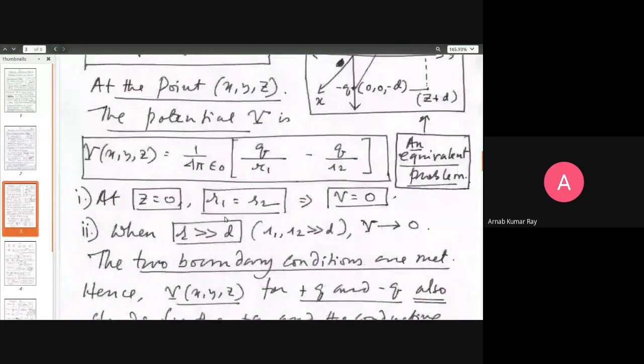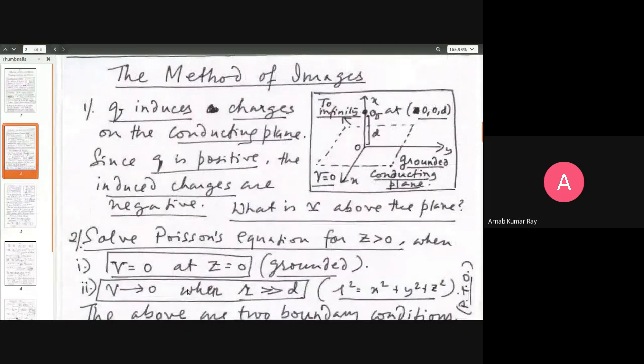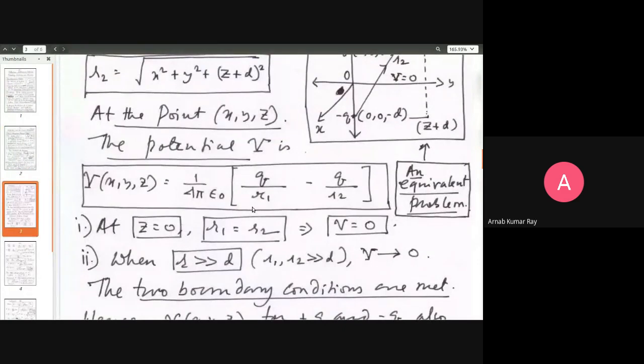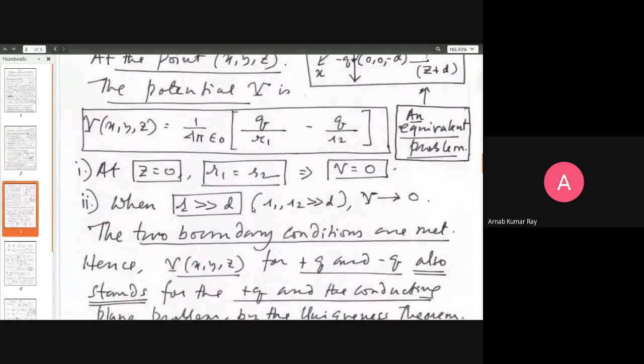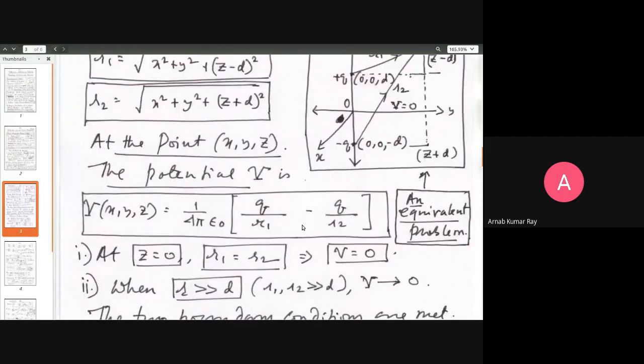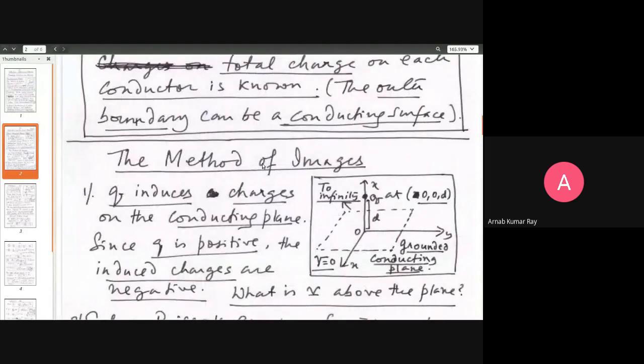So that is what it is. Basically, instead of solving this problem with the help of these boundary conditions, we have got an equivalent potential function by solving a different problem and just establish that that equivalent potential satisfies the two boundary conditions we have been given. And that way, we have got the solution for the potential by the method of images.